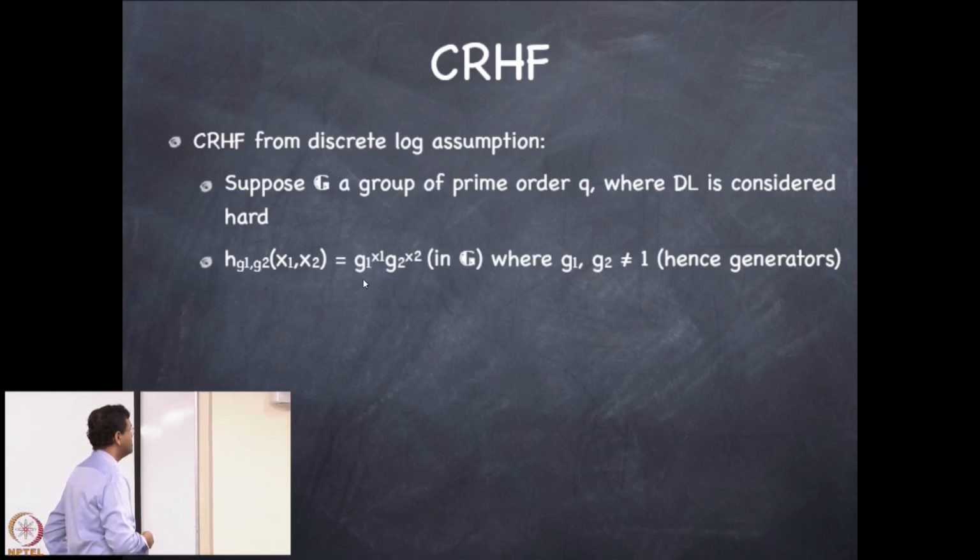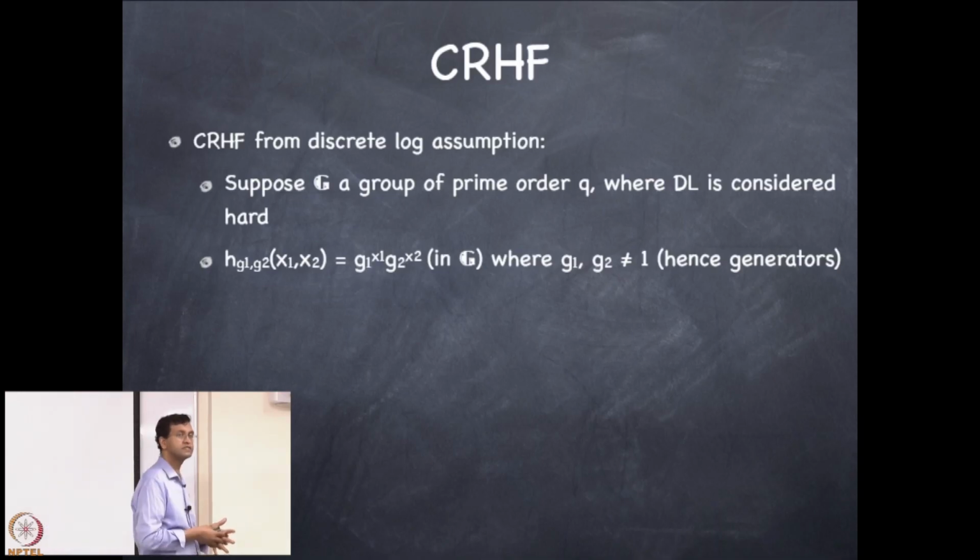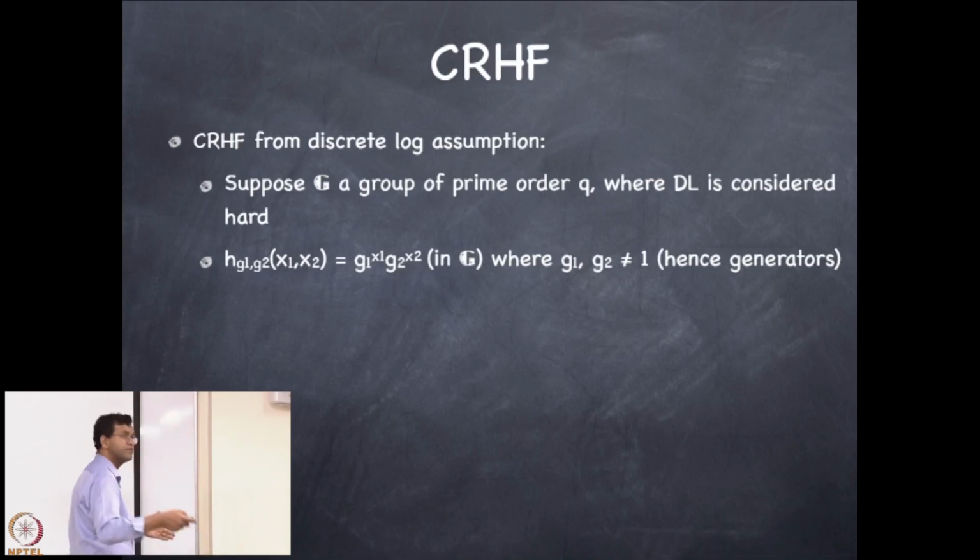And the hash function is simply this. So what is the input? The input is a pair of integers. Okay, but integers which are also in this range, the order of the group. So 1, 2, 3 up to the order of the group. So x1 and x2, there are equal numbers of them as there are group elements.